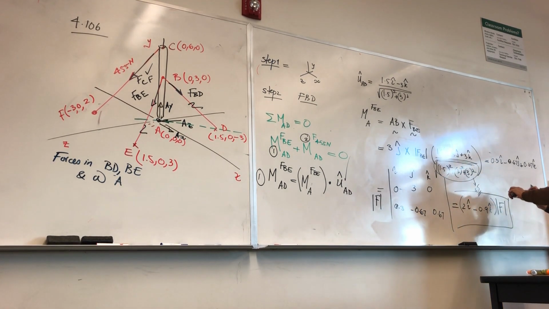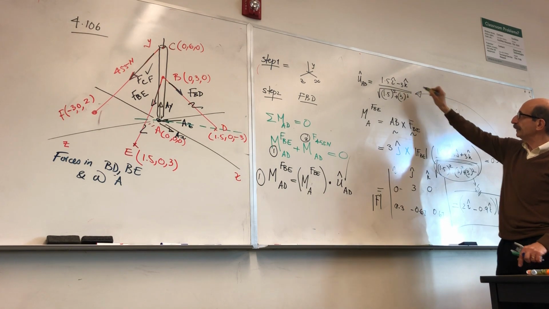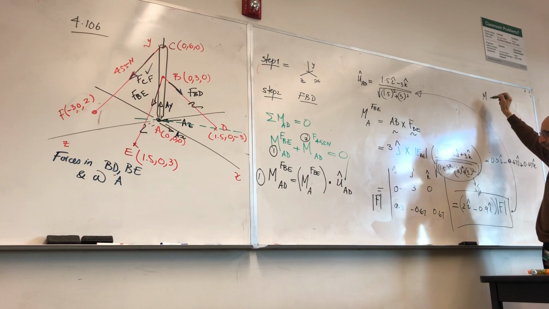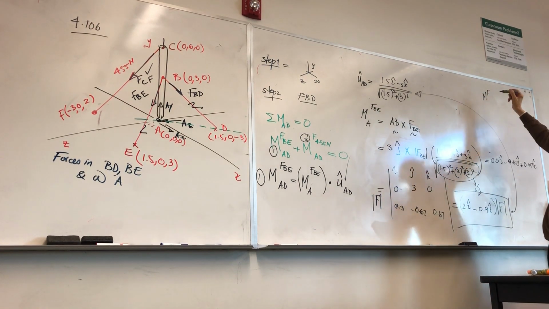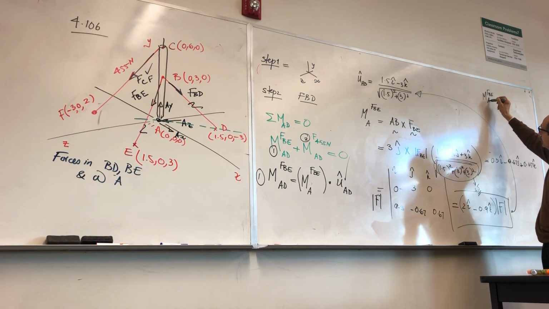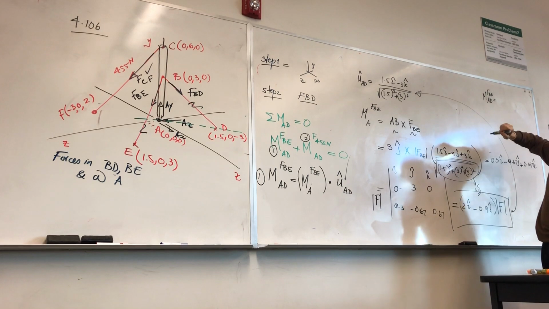Now you need to find the dot product of this and this unit vector, right? So this moment of F BE about AD would be what?